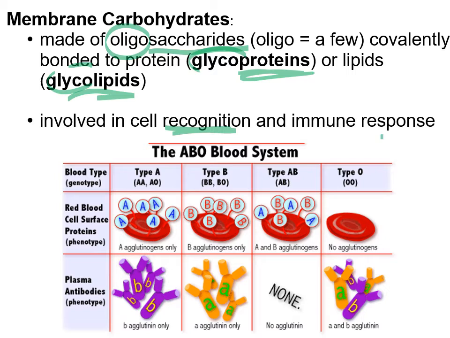We can see this as an example with our blood type systems. You may know what blood type you have, whether you're A or B or O or AB. That is based on these signals on the cell membranes.